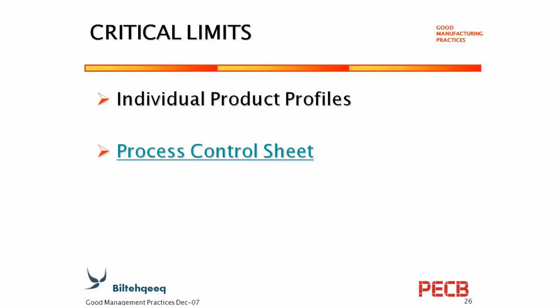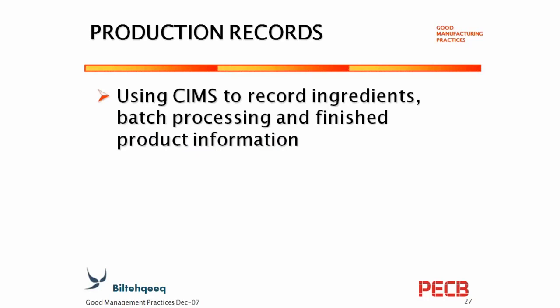So you have to develop a process control sheet to describe the critical limits for different products. Same limits are not for every product. The critical limits will vary for different products.